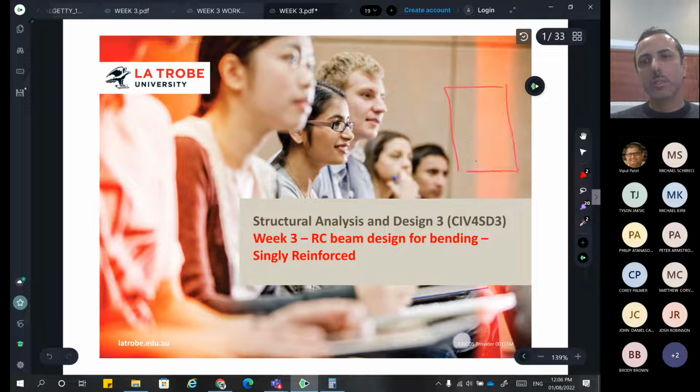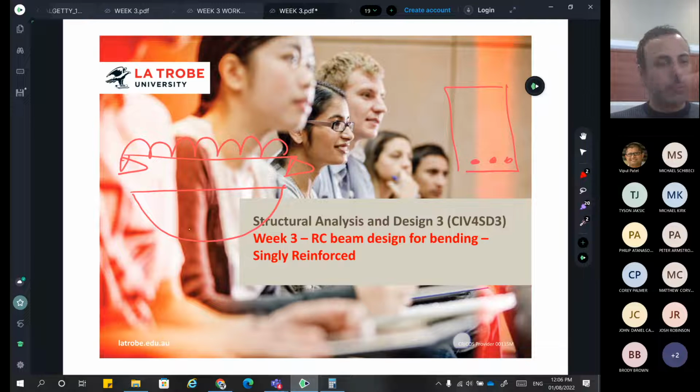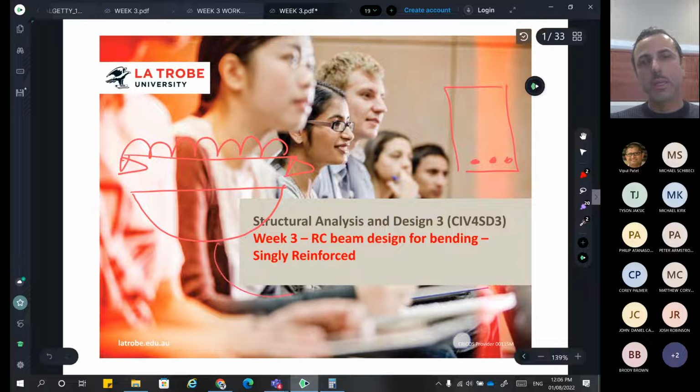That's what we're going to be sketching to you, because we're assuming the beam is like this. The loading is on the top of the beam, and the bending moment diagram is like this. So when we have the beam bending like that, the tension is at the bottom. That's why the steel is at the bottom.